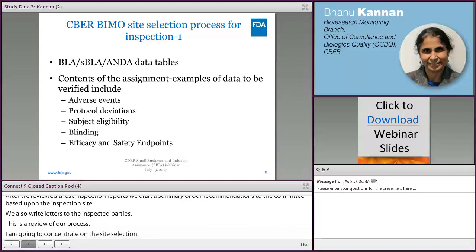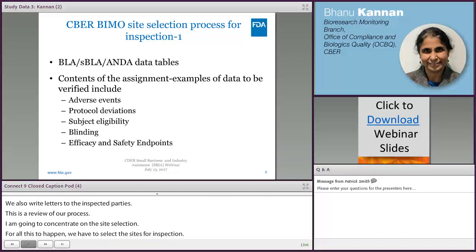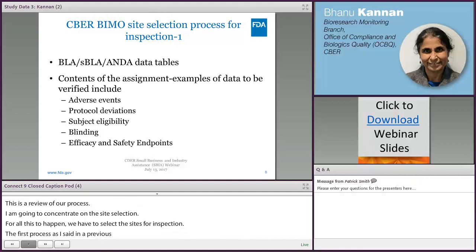So what do we do? The first process is, as I said on the previous slide, we receive data for the BLA or SBIA or whatever. We receive the data tables. And I also want to reiterate the point that we work across the product offices in CDER.